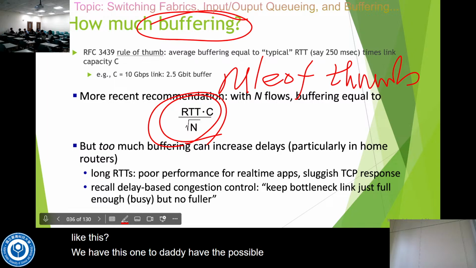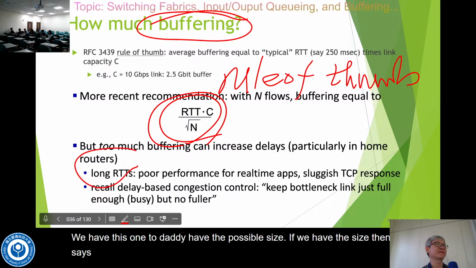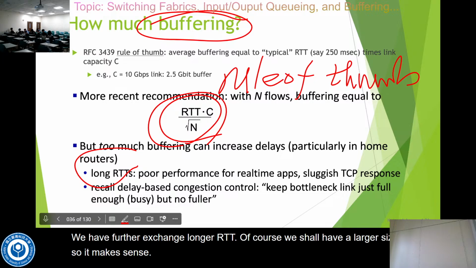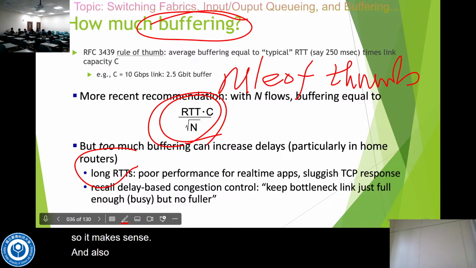It says a longer RTT, of course, should give a larger size. It makes sense. And also capacity C is higher, so we should have a larger buffer as well.